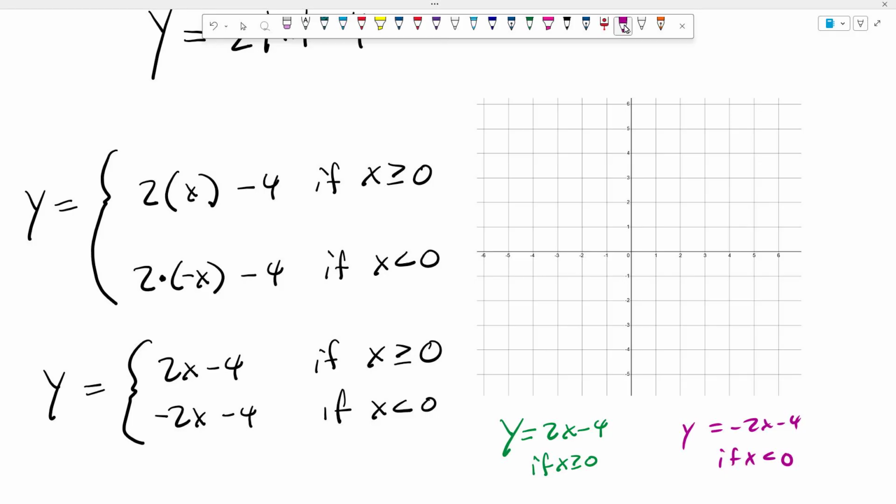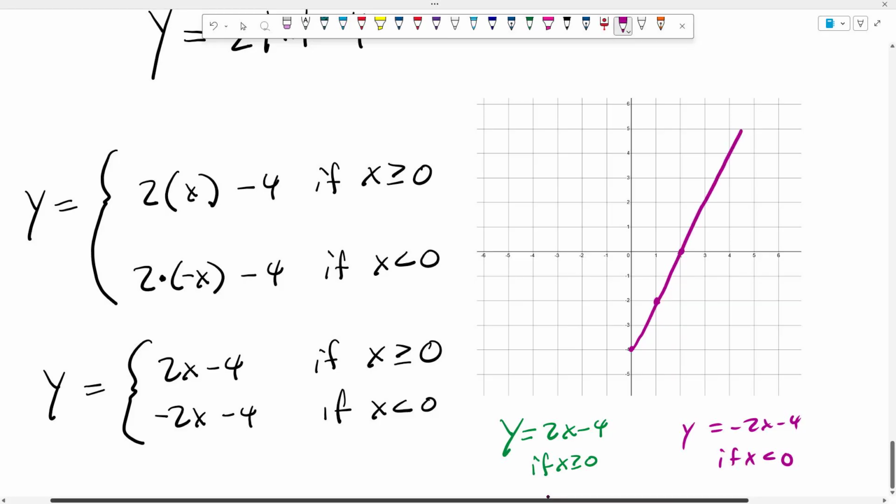So these are both linear equations. Y-intercept of -4. But now the slope is 2. So we rise 2, run 1. Rise 2, run 1. Oops, that's the green one.